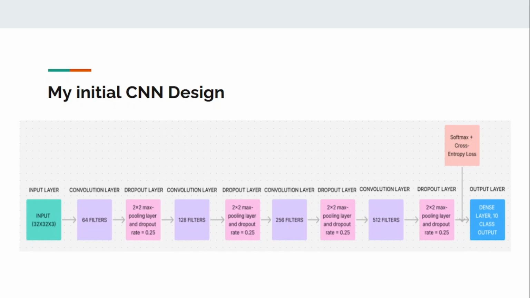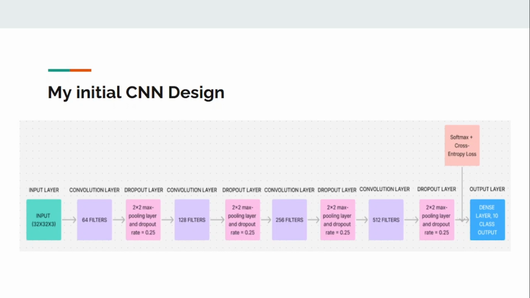Max pooling addresses this issue by reducing the spatial dimensions of feature maps while retaining the most significant information. It works by dividing an input feature into small, non-overlapping regions, typically 2 by 2 or 3 by 3.